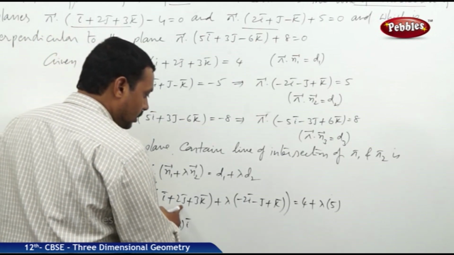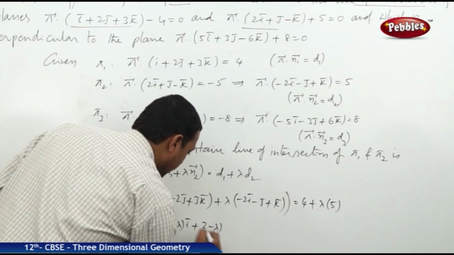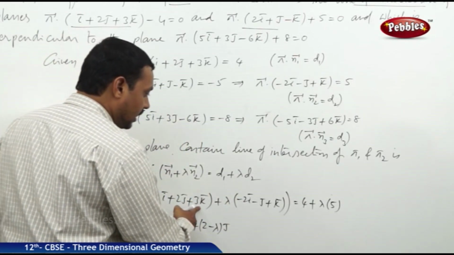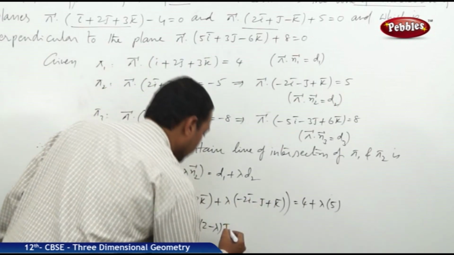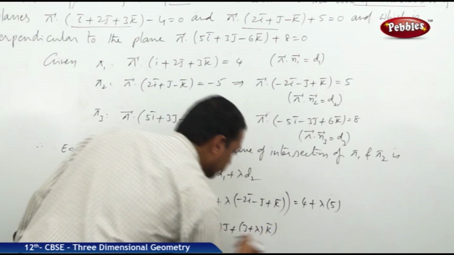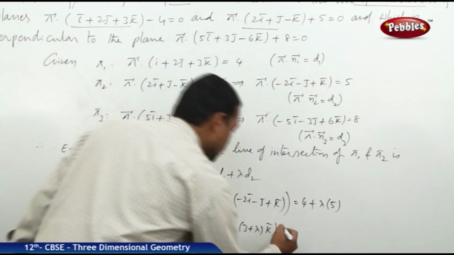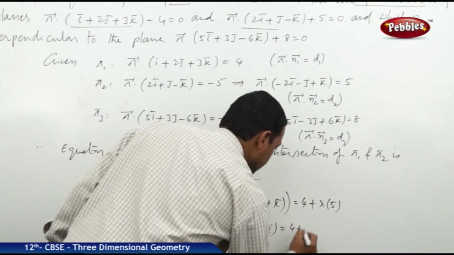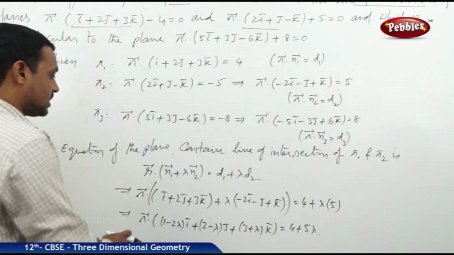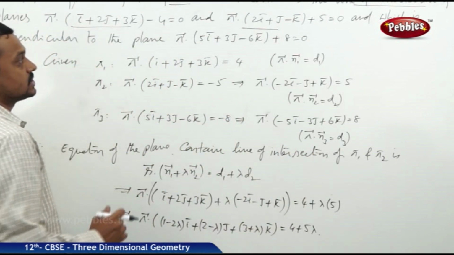It is 2j minus lambda j, that means 2 minus lambda into j vector. 3k plus lambda k, that means 3 plus lambda into k vector is equal to 4 plus 5 lambda. Now this is the equation of the plane containing the line of intersection of the given two planes.